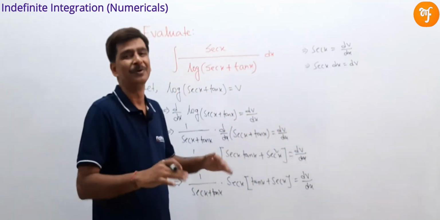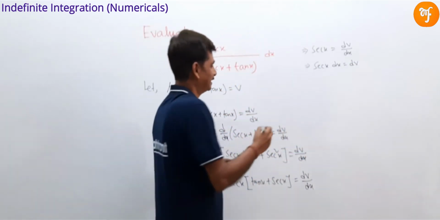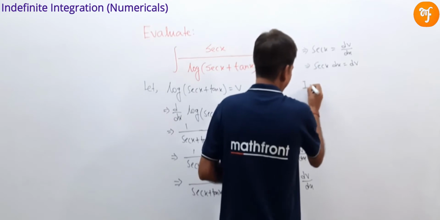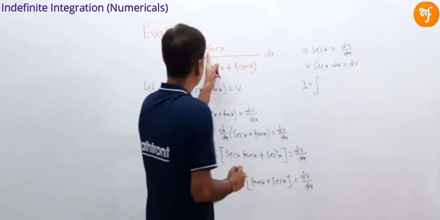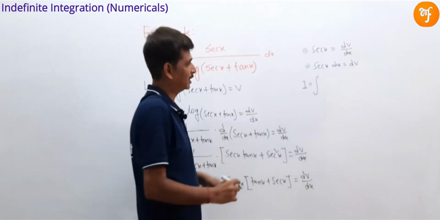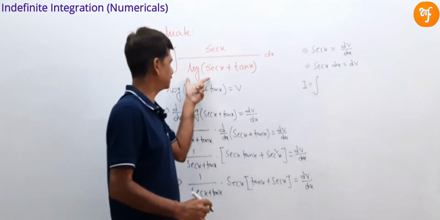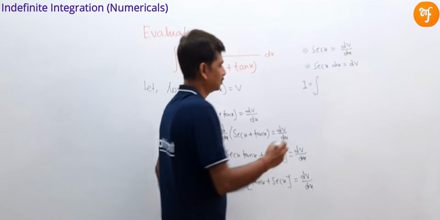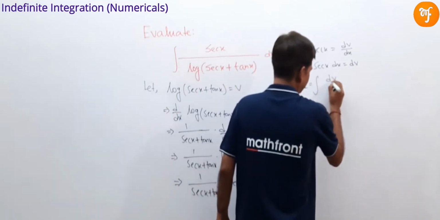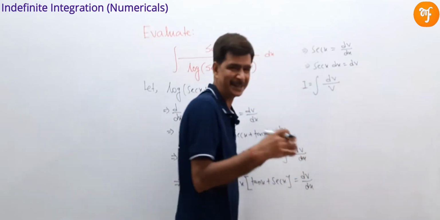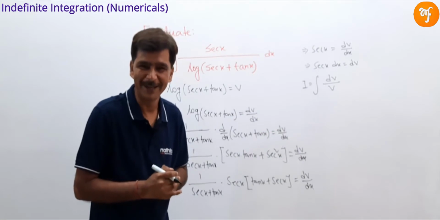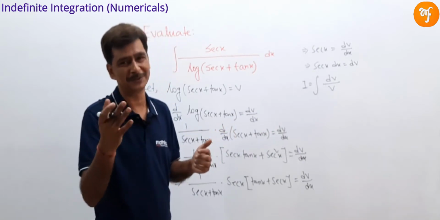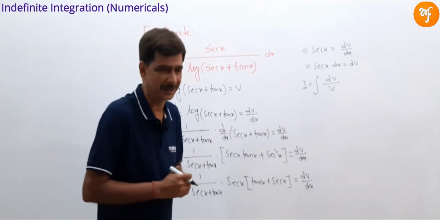Now, what will be the integration? Instead of sec x into dx, we can write dv, and instead of log of (sec x plus tan x), we write v. So this will be simply dv by v. And what is the integration of dv by v? It is just log of mod v plus c, where c is the integration constant.